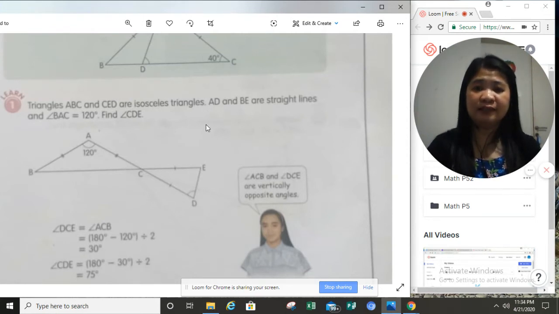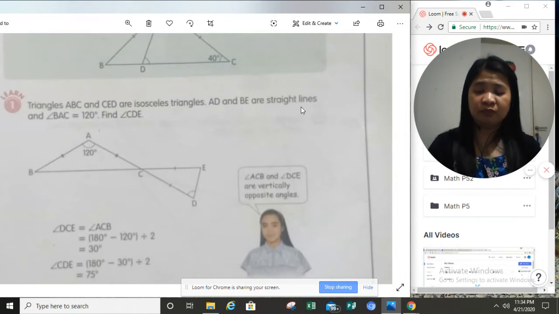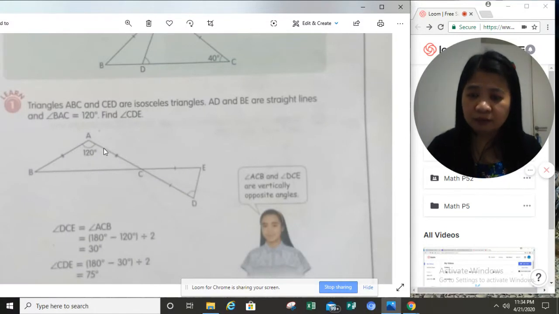Now, there is another sentence after the one that we have read. AD and BE are straight lines. So you have to identify what these straight lines are. This is the straight line AD, and where is the line BE?